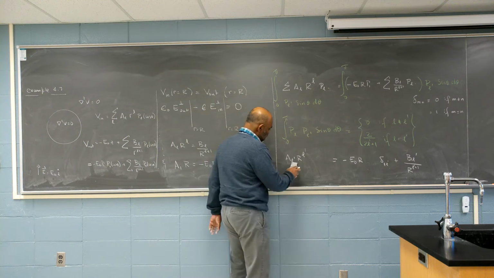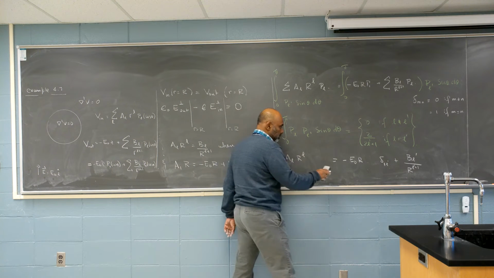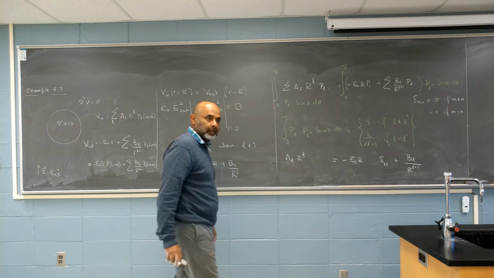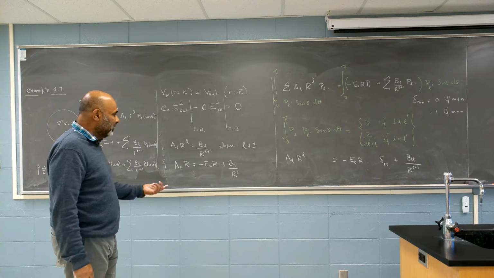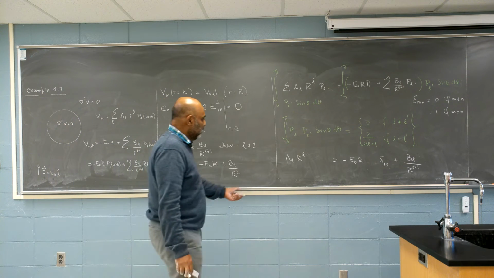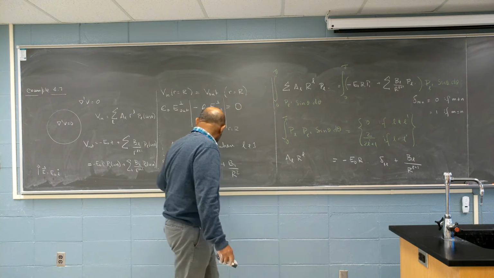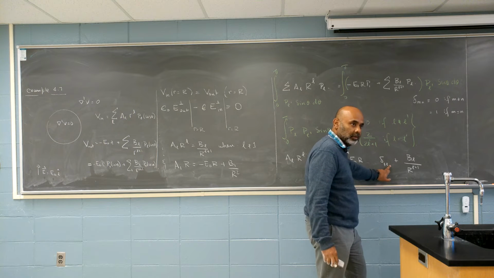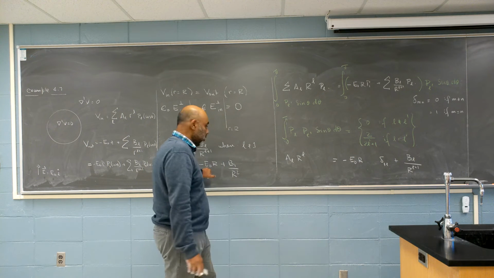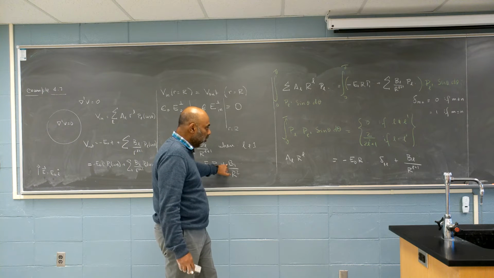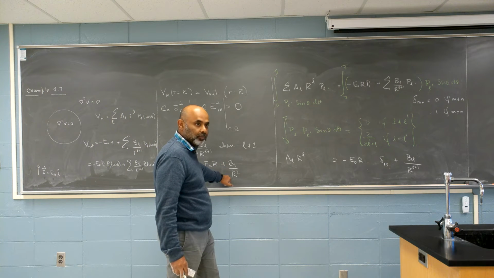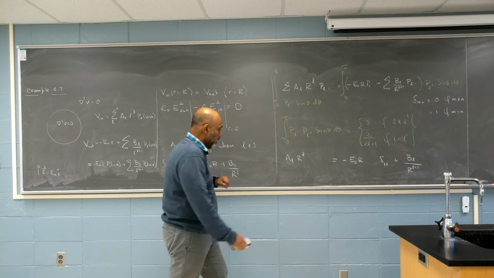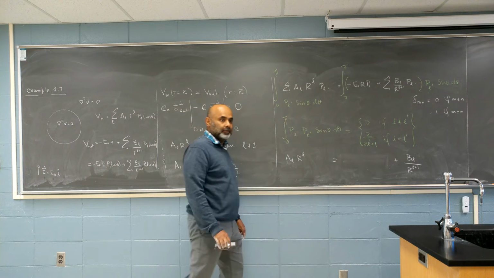Then, L prime, yeah? So let me do the unfriendly variable, L equals 1. I would get A1 R equals minus E0 R delta 1,1, which is 1, plus B1 over R squared, L equals 1 plus 1. When L is not equal to 1, it goes away.